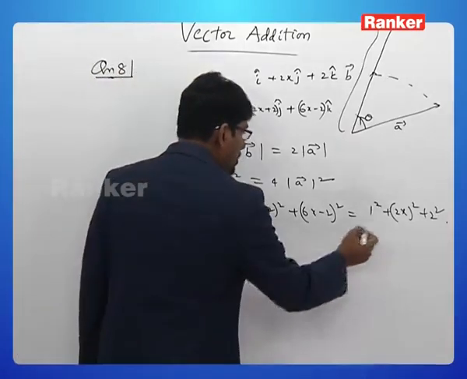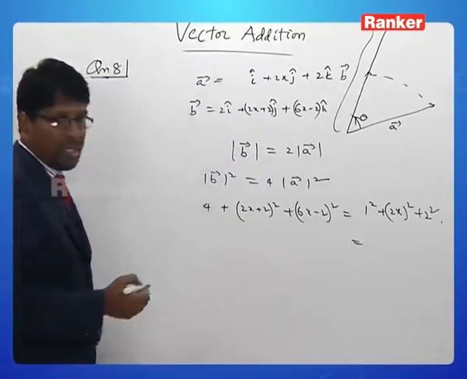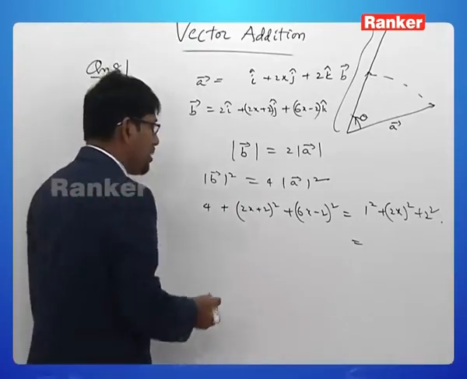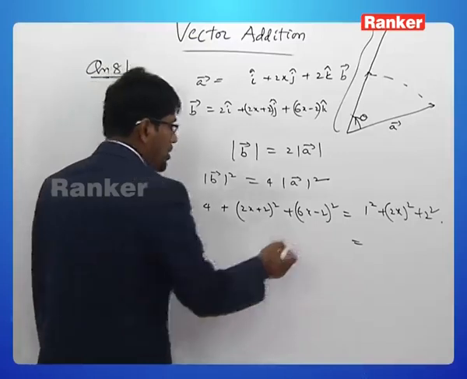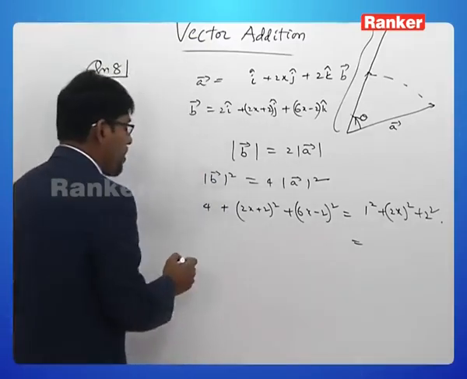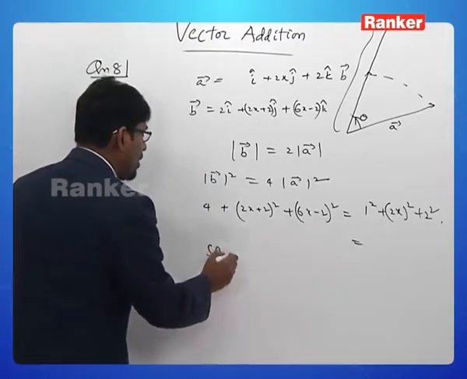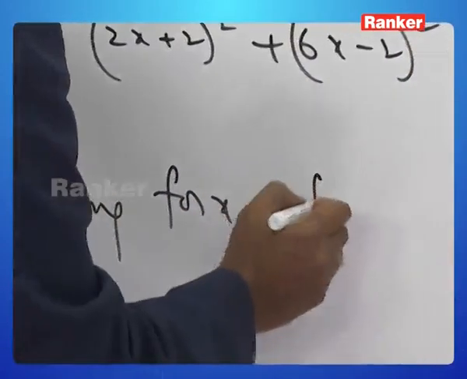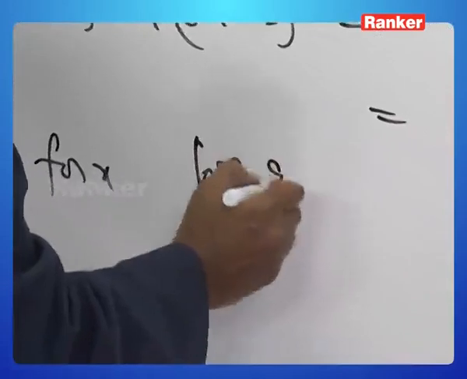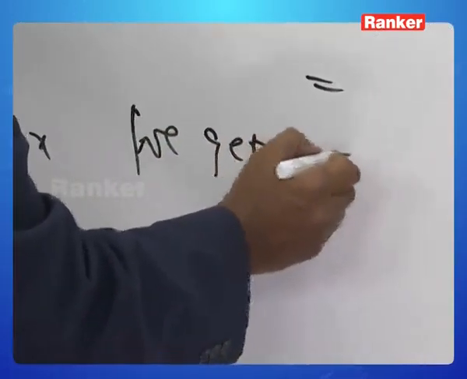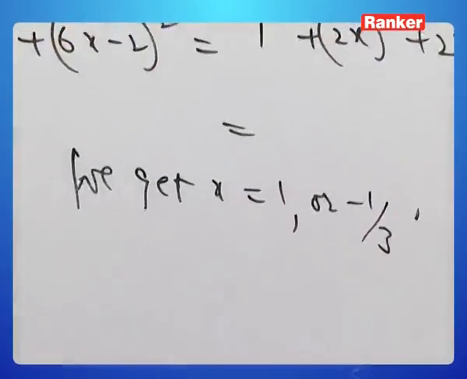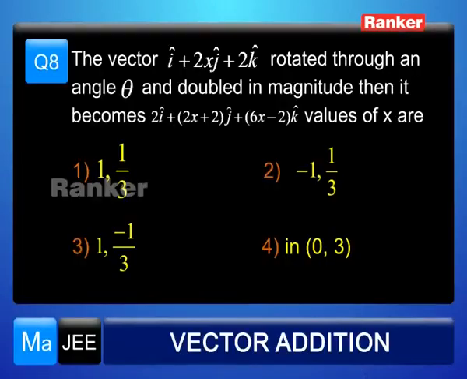So we get a quadratic equation in x, and solving for x we get x to be 1 or minus 1 by 3. Therefore option 3 is the right answer.